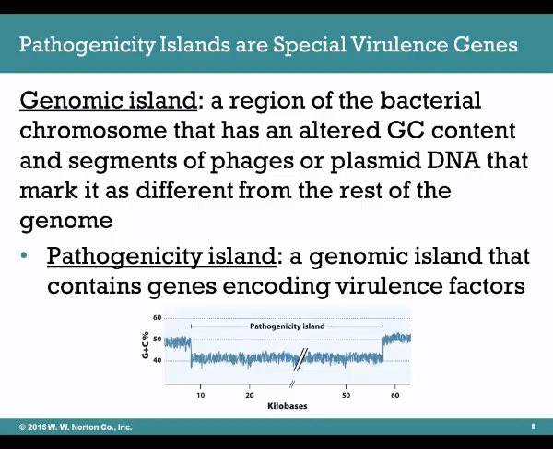And these genomic islands can have genes that encode virulence factors, and that's when we call them pathogenicity islands. So as we learned before, these factors, if they're on a plasmid or in a bacteriophage, can be transferred from one type of bacteria to another, or from one bacterial cell within the same species to another that doesn't have this extrachromosomal DNA.